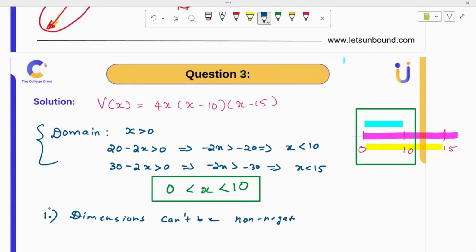Wait. Dimensions can be neither negative nor 0. 0 is also not allowed, right? If we just say negative, it might convey that 0 is also possible. So let's be more careful: dimensions can't be negative or 0.